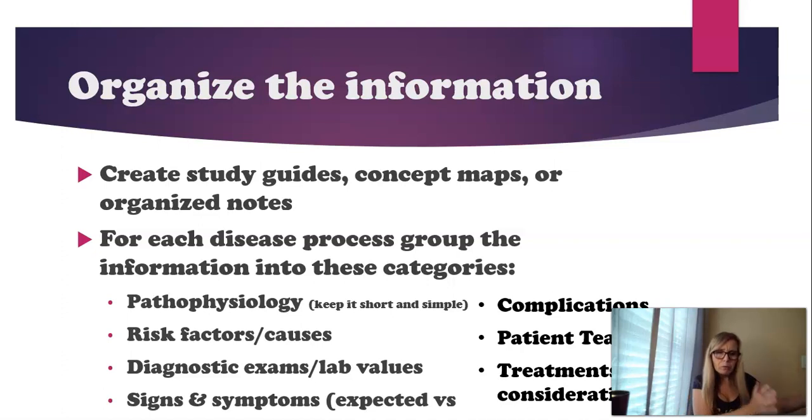So you want to put the information in your sheet in your own words. That way it has gone from your book and your teacher into your brain, it has processed, and then it has come out on your paper in your own words. So you have already processed it once, okay? So this will help you with staying organized and already starting to learn that information.